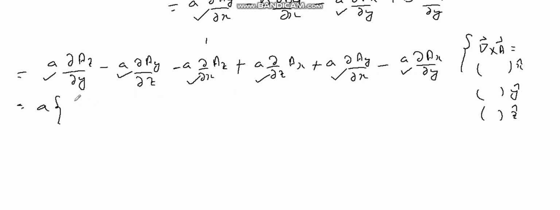So for the first term, this is the x component, so we are going to have this y and z. So y and z, this is going to be written down here, and then we have y and z, so these two will be over here, del az by del y minus del ay by del z.